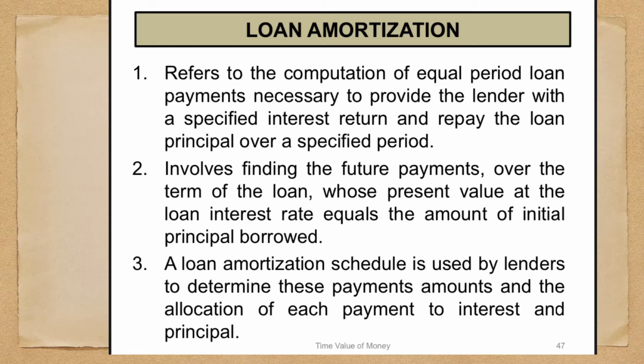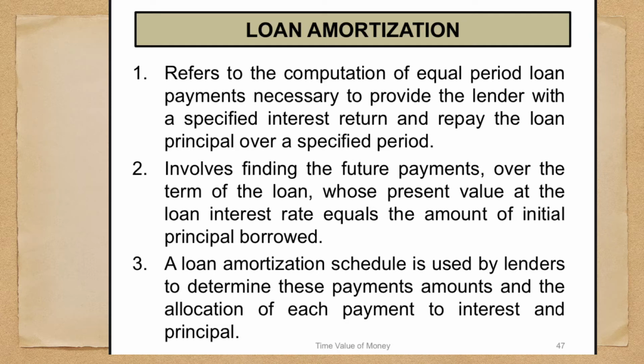Loan amortization refers to the computation of equal periodic loan payments necessary to provide the lender with a specified interest return and repay the loan principal over a specified period.